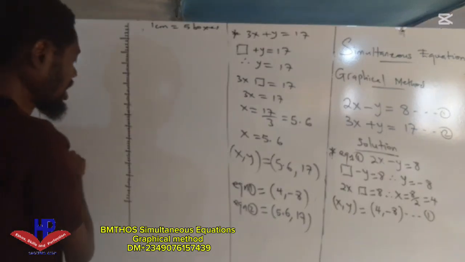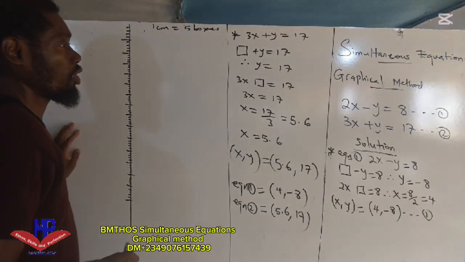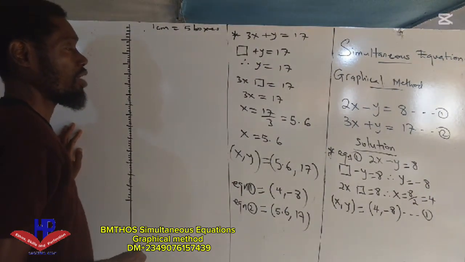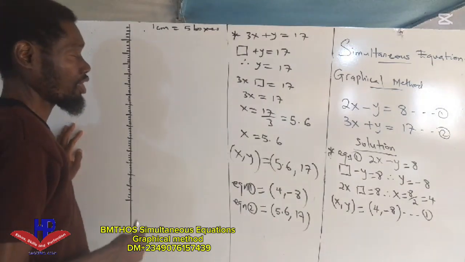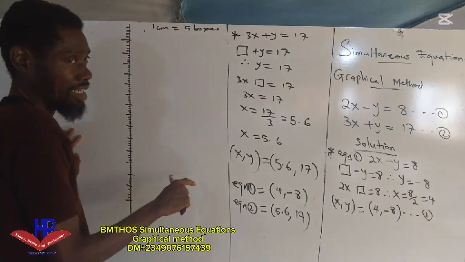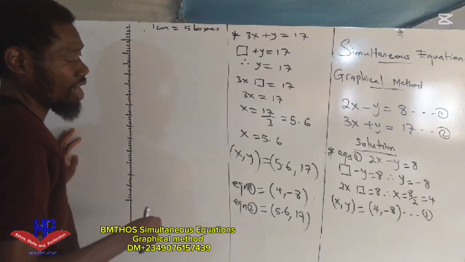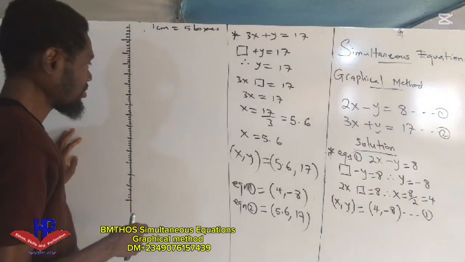So, for us to get the horizontal line, we will need to first of all create spaces for the vertical line to fit in the y-axis. For you to get your horizontal line, which is the x-axis, you view the y-axis. Now the highest number on the y-axis is 17.